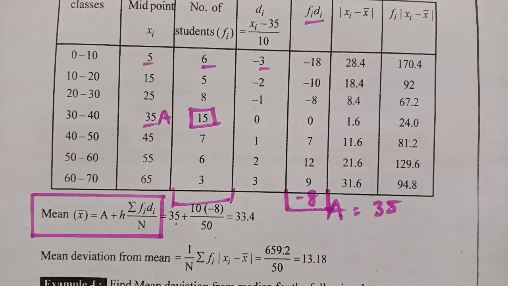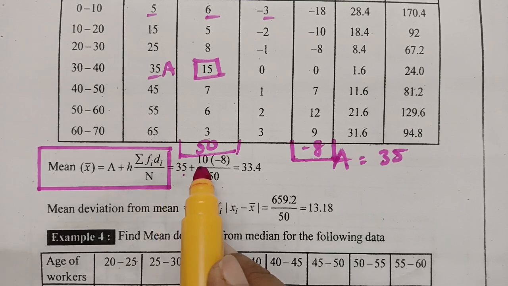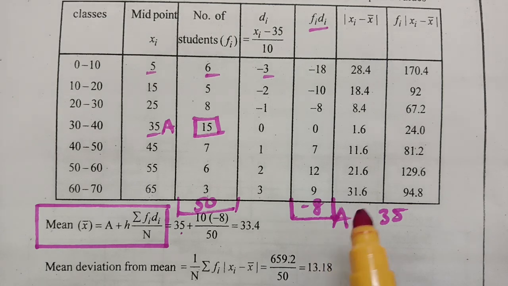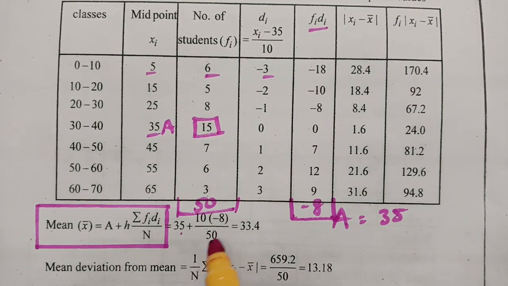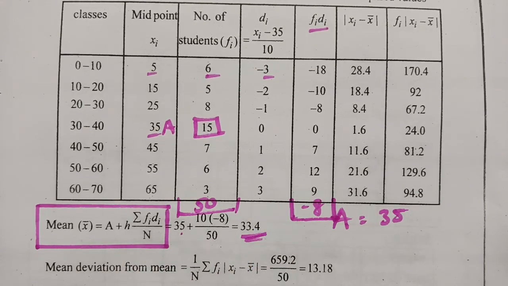The value here is 50. Now we have a, and this is sigma fi di. Sigma fi di total here is minus 8, the class interval difference h is equal to 10, and here n is equal to sigma f value is equal to 50, and this gives 33.4.